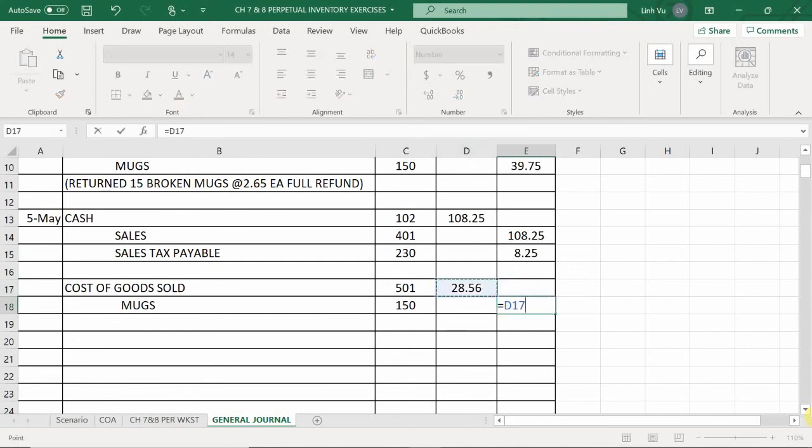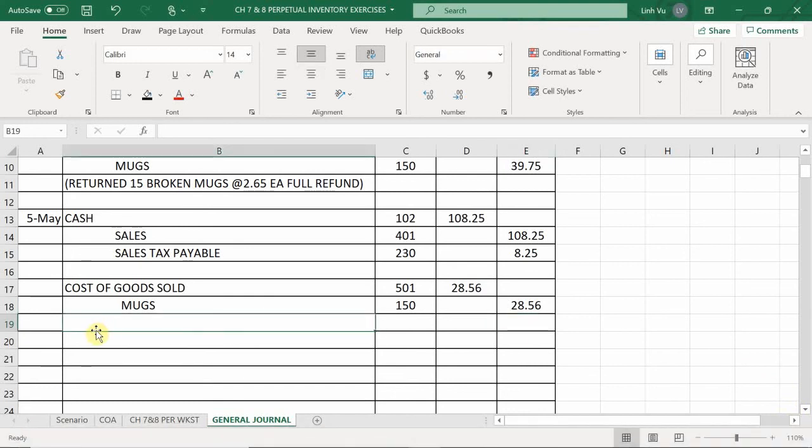This is why you need a rounded number, because you can't have a hundredth of a penny in your journal. In the journal, it's measured in dollar value. Can you realistically have half a penny? No, you can't. So I'll go ahead and indicate that I sold 10 mugs.